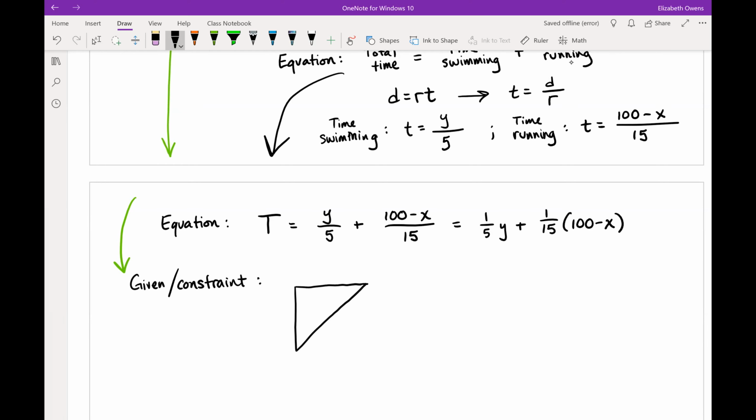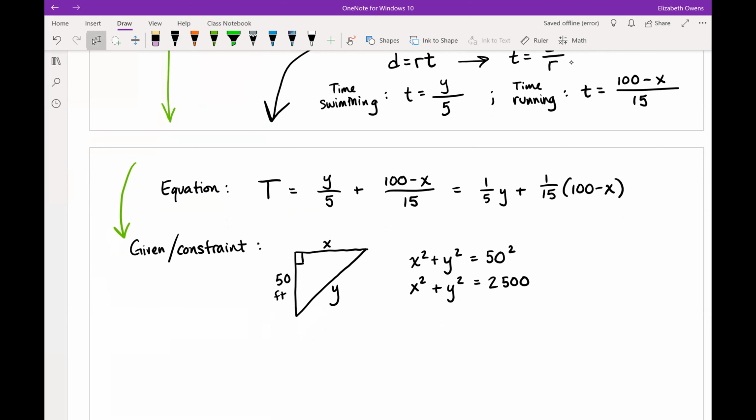So this is our river width, the 50 feet. Makes a nice little right triangle. Here was X and here was Y. So we can set up a Pythagorean equation for this. X squared plus Y squared equals 50 squared, which would be 2,500.